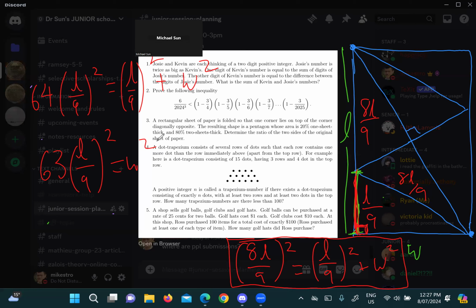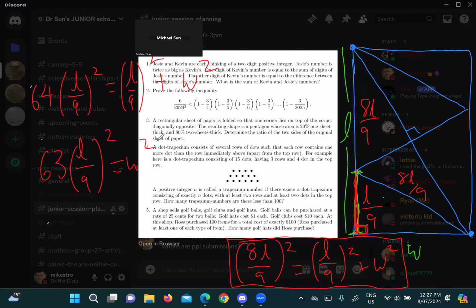And then I took the square root of the other side, so W is equal to the square root of 63 times L over 9 in brackets squared.